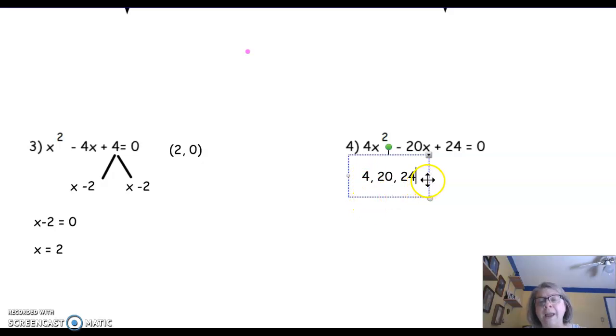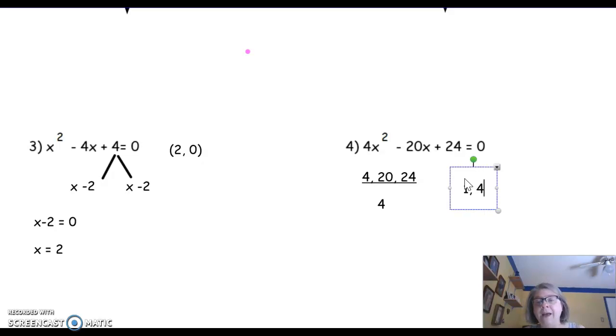So if I divide all of these by 4, I'm going to get 1, 20 divided by 4 is 5, and 24 divided by 4 is 6. So I'm going to get these for my coefficients.